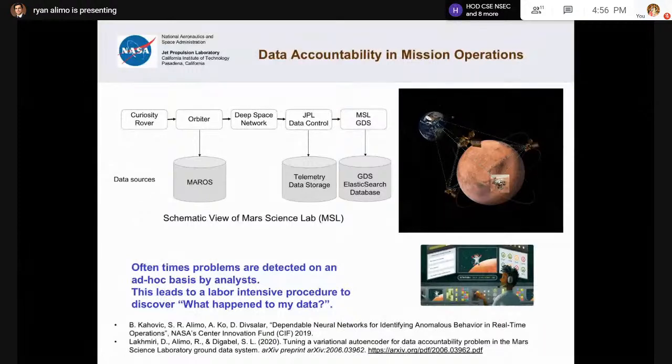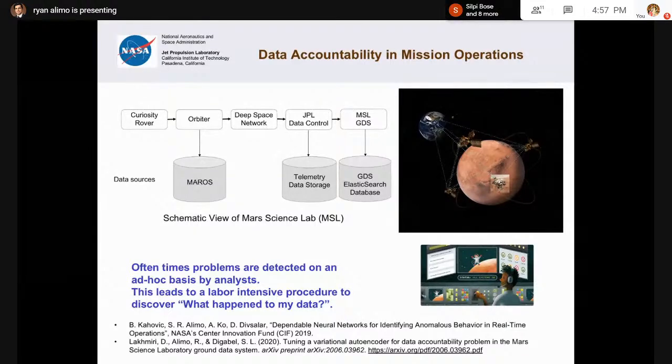And again, if you are excited about this work, we just published a paper on arXiv that talks about how we can use an unsupervised learning algorithm to identify where the data is missing in this pipeline.